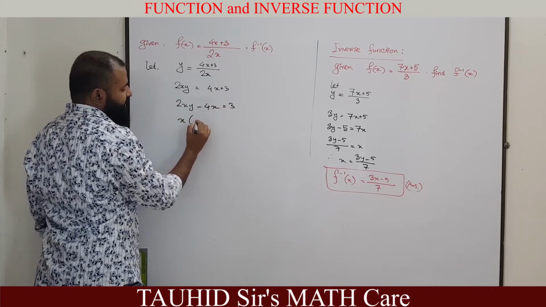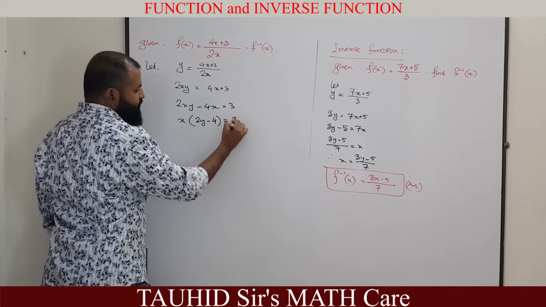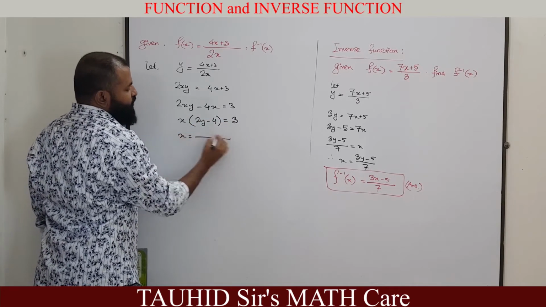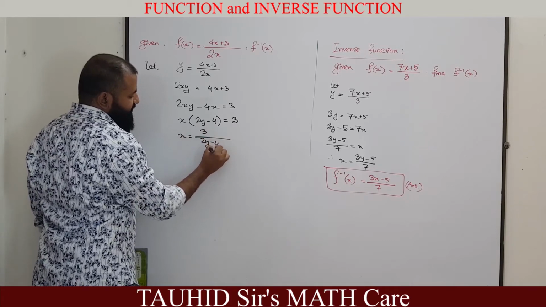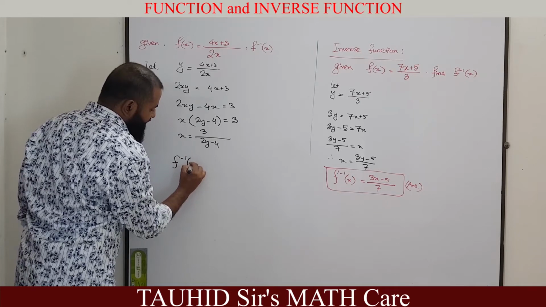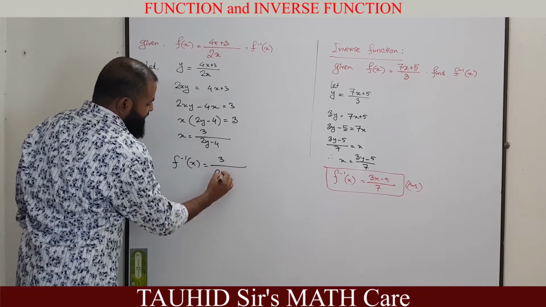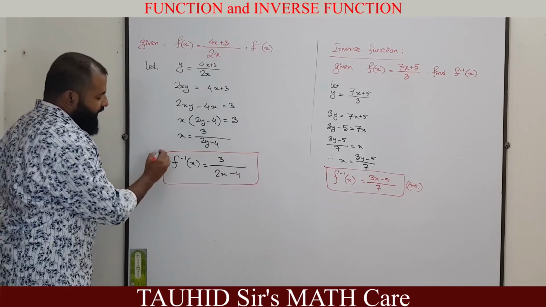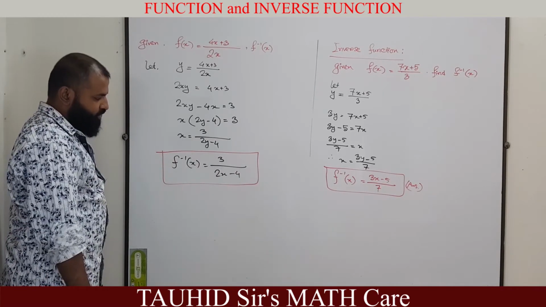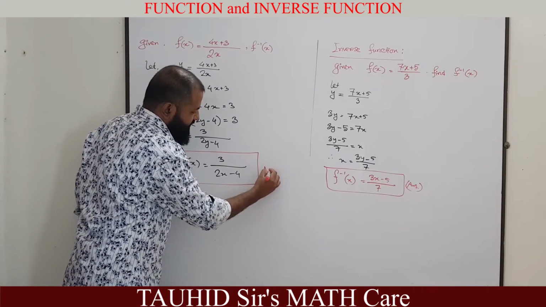If we take x as a common factor, x(2y - 4) = 3. So x = 3/(2y - 4). So if we place f inverse here, f inverse x = 3/(2x - 4), we will put an x here. So this is the expression of f inverse x.